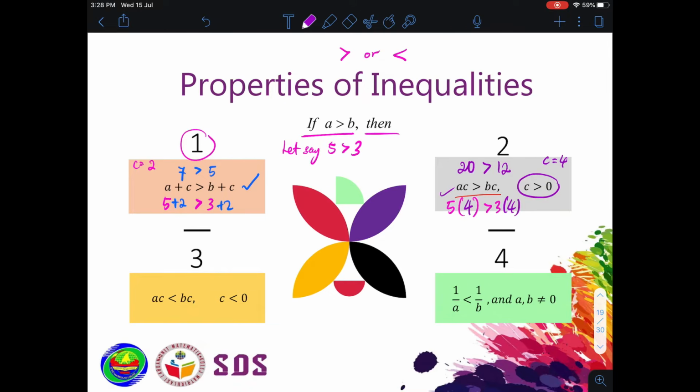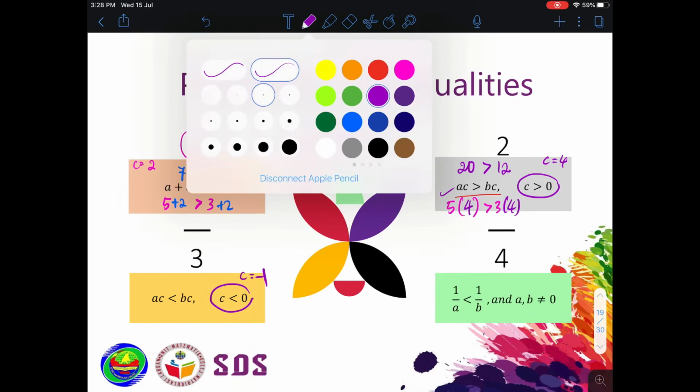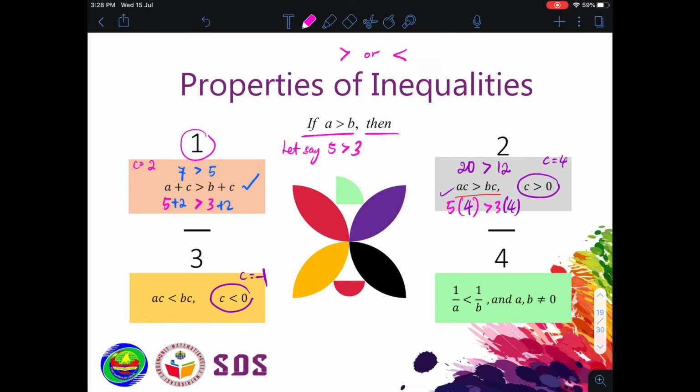Go to the third property, whereby c is lesser than 0. So let us take c lesser than 0, which is negative 1, for example. Let us use again a as the number 5 times c. Is it going to be lesser than b, which is 3 times negative 1?